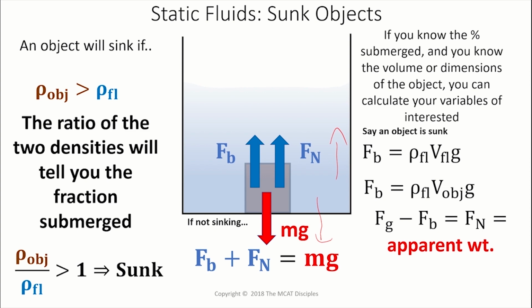That means that if I were to put a weight scale right here under this object, it would not read the same as it would in the air. And that's because the buoyant force is removing some of the object's weight. And it just so happened that the force of gravity minus the buoyant force, because the contact force is the only thing left, is equal to the apparent weight.